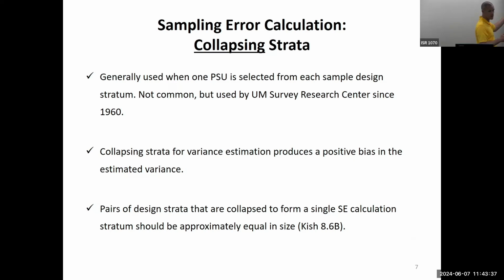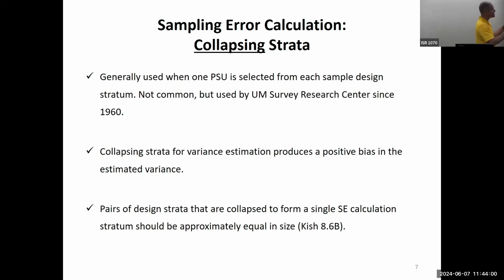They only took one PSU without replacement from each of the strata. Okay? Different places do this differently. Michigan tends to take one PSU from each stratum because that allows for very fine stratification of the sample. Okay? Just taking one PSU from each strata, you can define many strata. But other agencies may do it a little bit differently.